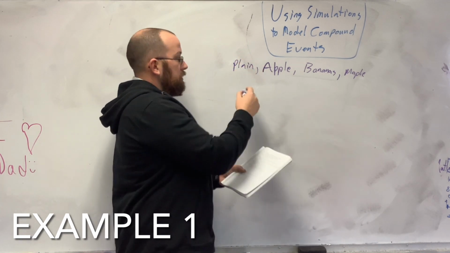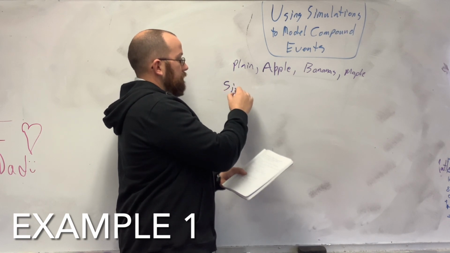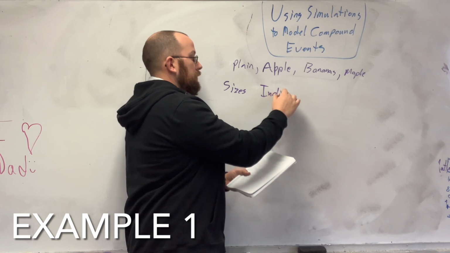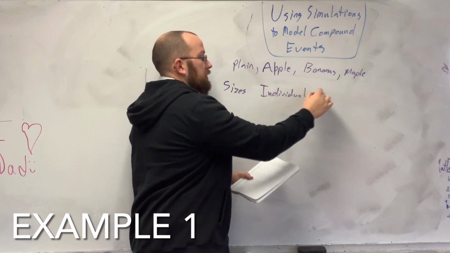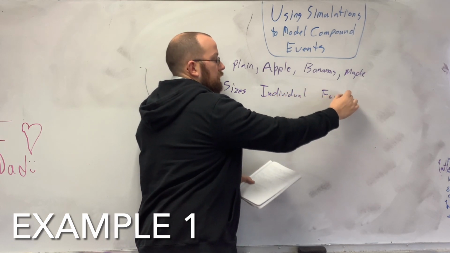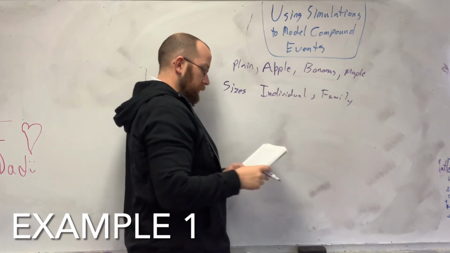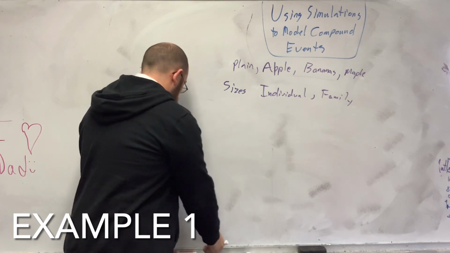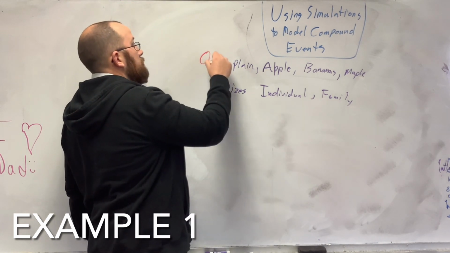And then they come in 2 sizes: individual and family size. So for my first example, that's my information. These are my oatmeal flavors.